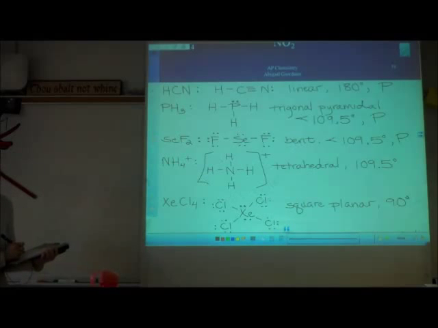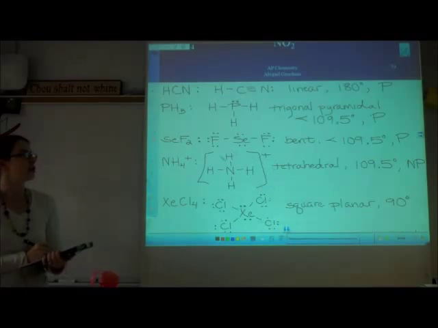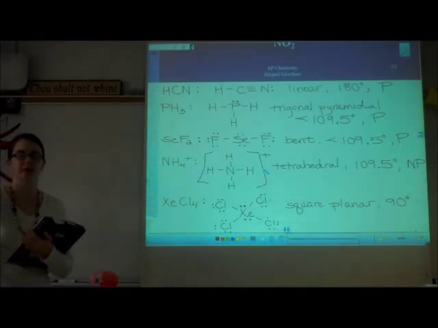How about ammonium? Polar or non-polar? Okay, non-polar. Do you remember the AP Chem lingo to explain why it's non-polar? Thank you. The tetrahedral shape cancels out the polarity of the individual bonds.